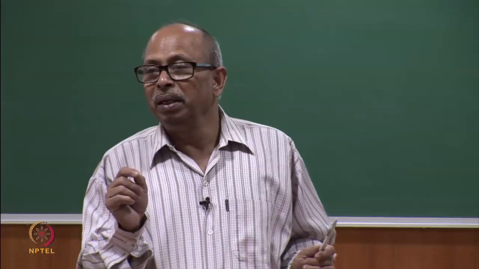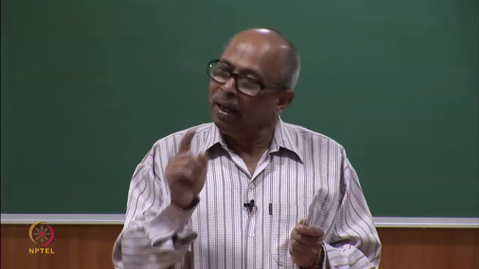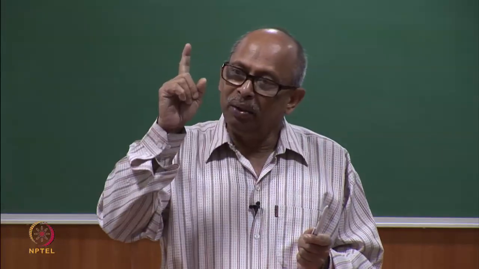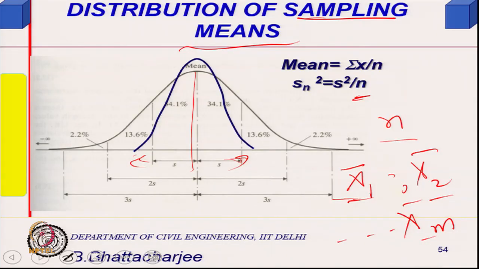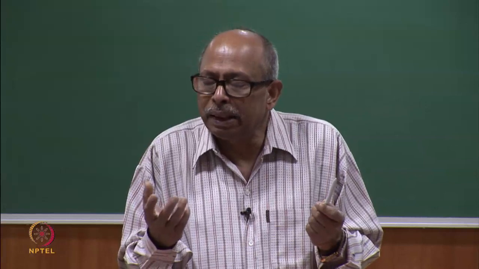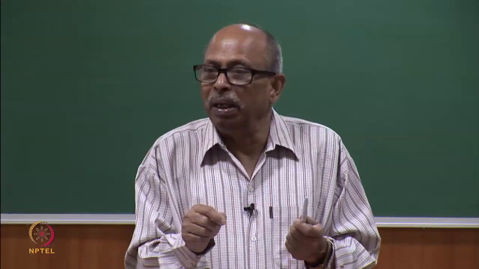So, the mean of the sampling mean represents the true mean. But then if this is the distribution of the sampling mean, you might get a value here or you might get a value here, because you have taken, let us say, 3 or 4 samples and found out their mean.